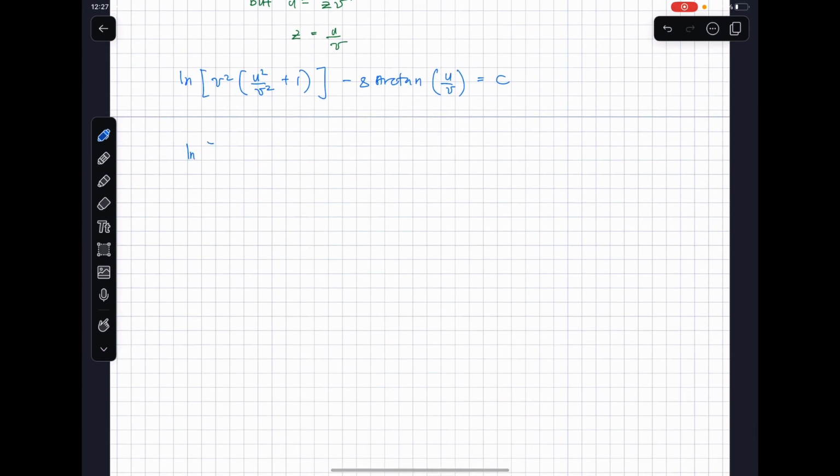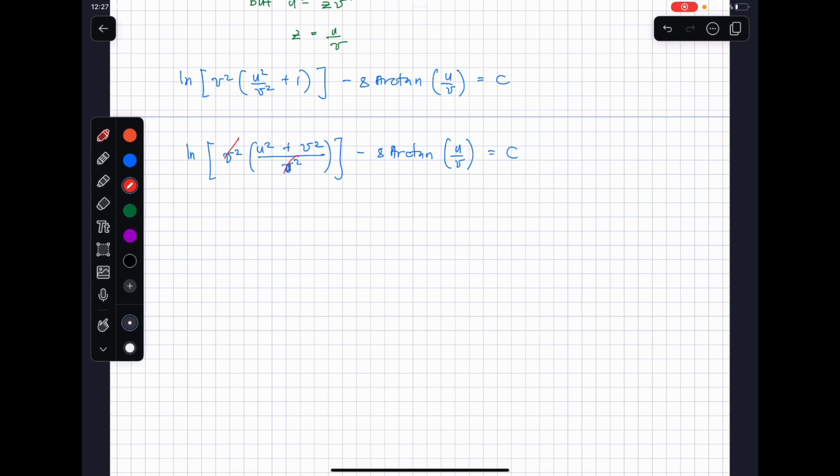So this one would become ln of v squared. So we can combine this one as v squared, so u squared plus v squared, minus 8 arctangent of u over v is equal to c. So we cancel out v squared, so leaving us to have ln of u squared plus v squared minus 8 arctangent of u over v is equal to c.